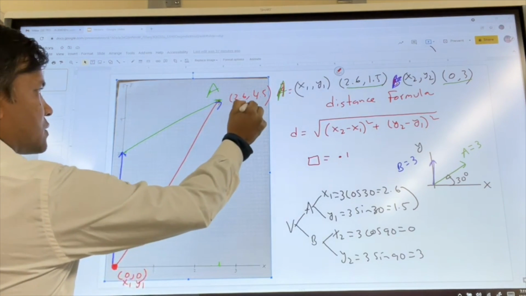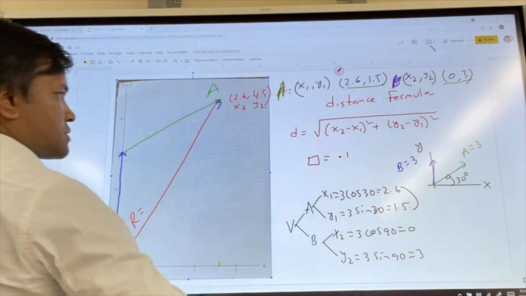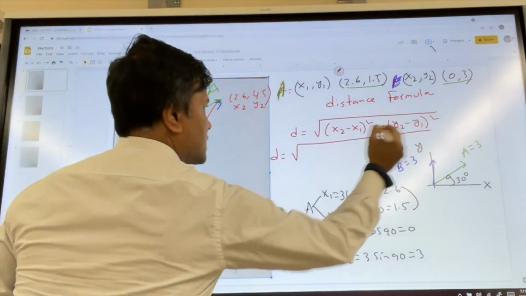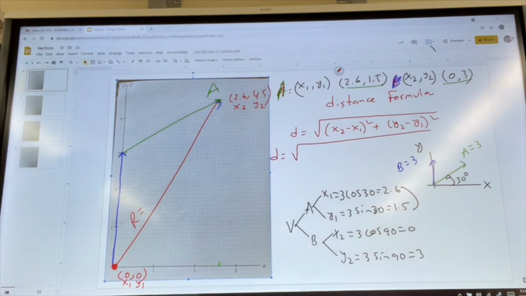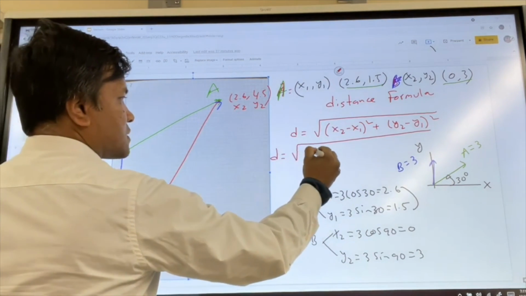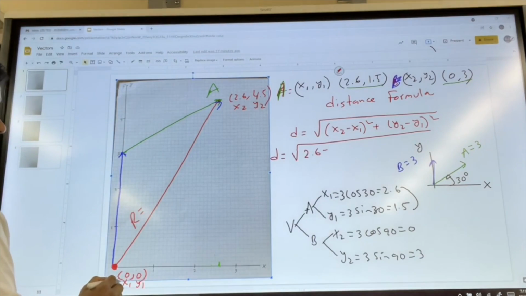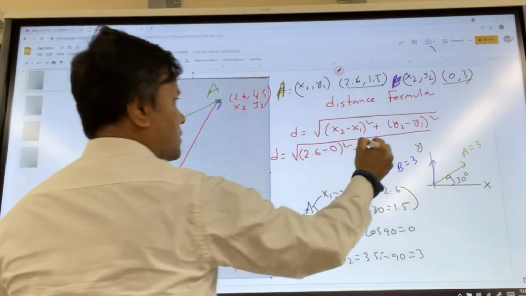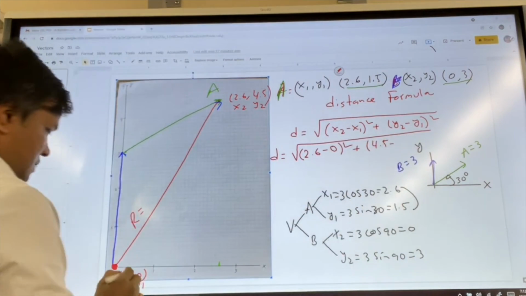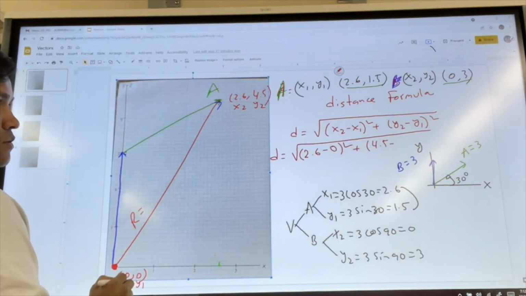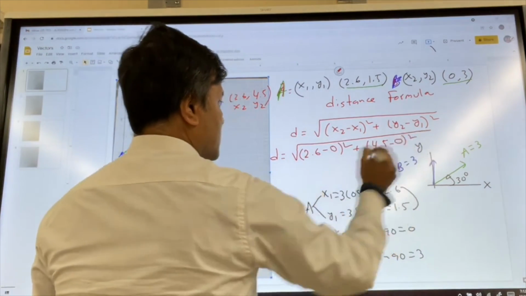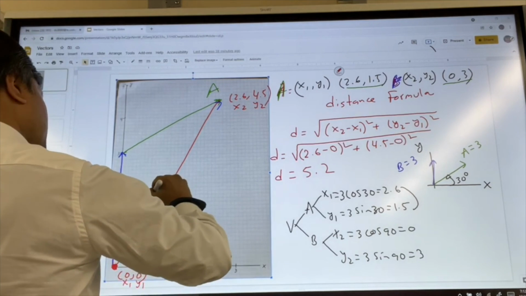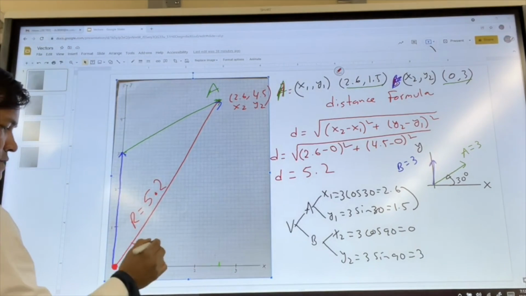This is x2, y2. So the distance is x2, which is 2.6 minus 0, x1 is 0, squared, plus y2 4.5 minus y1 0. So d is equal to 5.2, and we know that this is 60 degrees.